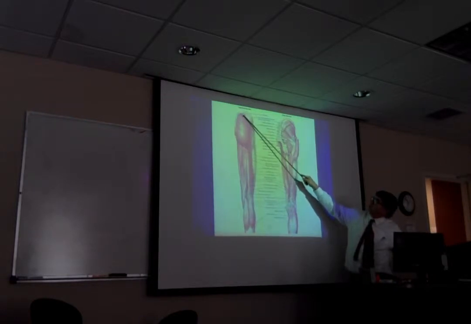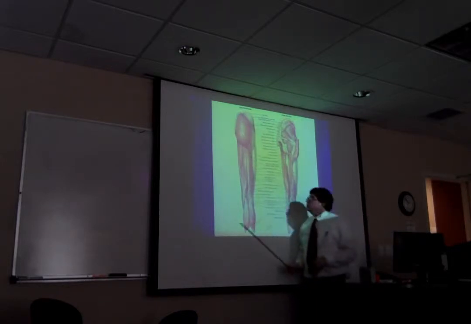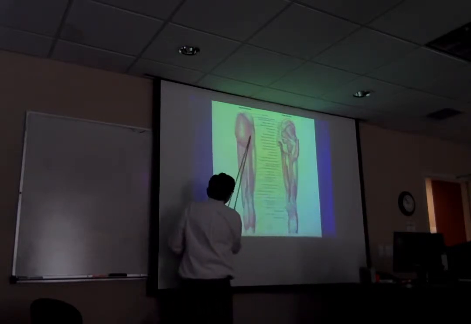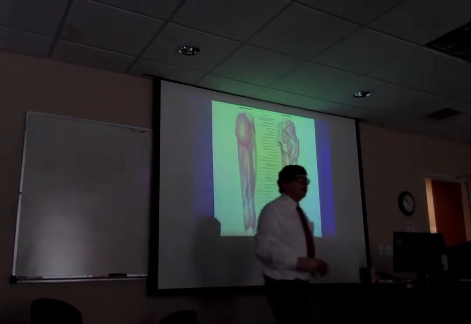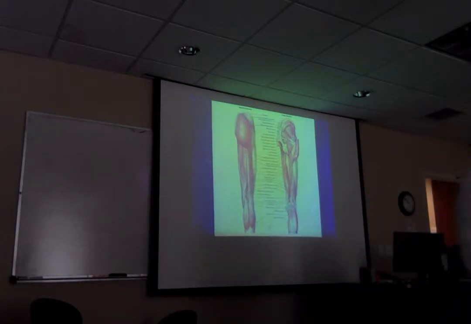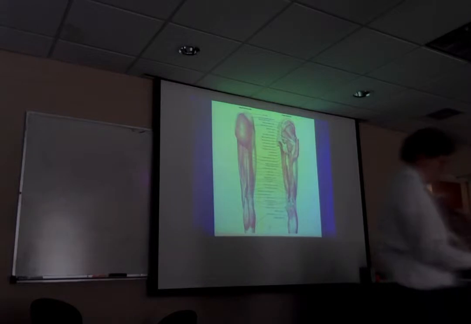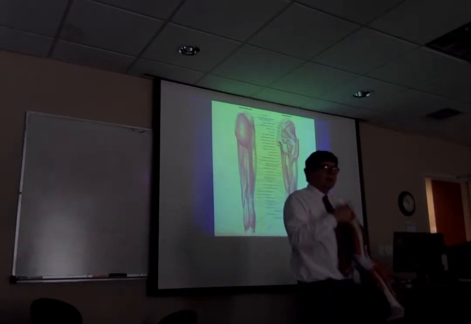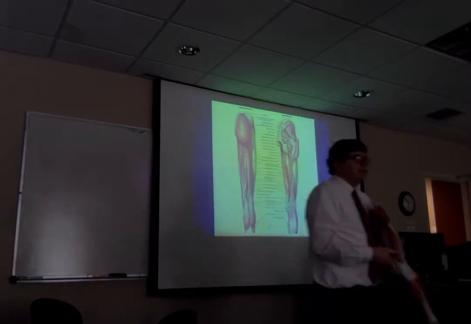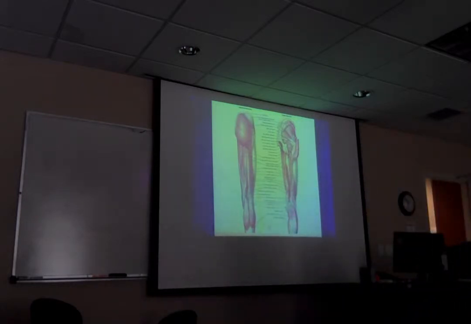Its fibers run laterally to attach to this connective tissue band that runs along the lateral aspect of the thigh. That's called the iliotibial band, and that's the insertion for the gluteus maximus.